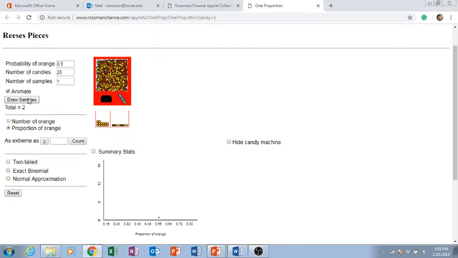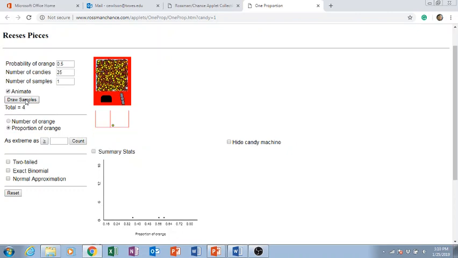Let's see what we get this time. 0.6. We're even further away from the population mean. So if this was our research, that might be kind of a kooky sample because that's a 10% difference, right? 0.5 to 0.6. All right, let's draw another sample. 0.36.